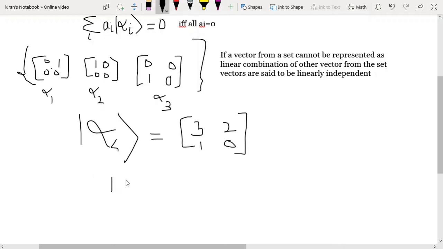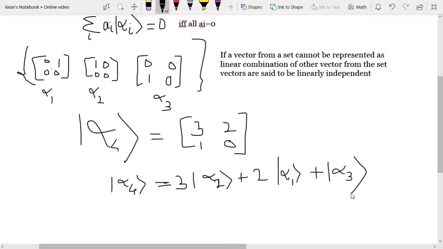I can write alpha 4 is equal to 3 alpha 2 plus 2 alpha 1 plus alpha 3. So this is not a linearly independent set of vectors.